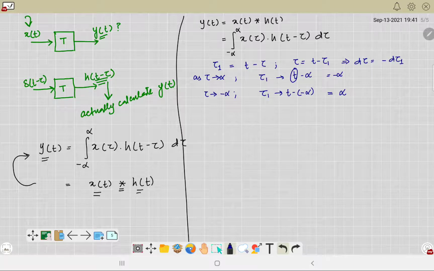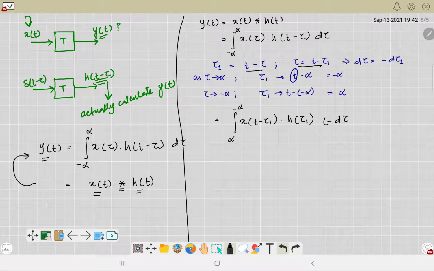Okay. So with these, this integral will appear like this. It will be infinity to minus infinity of x of, in place of tau, t minus tau 1, then for t minus tau we have tau 1, then for d tau we have minus d tau 1, and the limits will change because as tau tends to minus infinity, tau 1 tends to infinity, so the limits change from infinity to minus infinity.